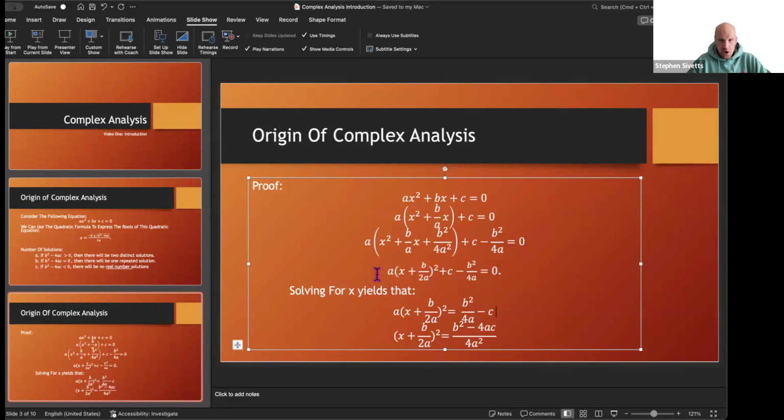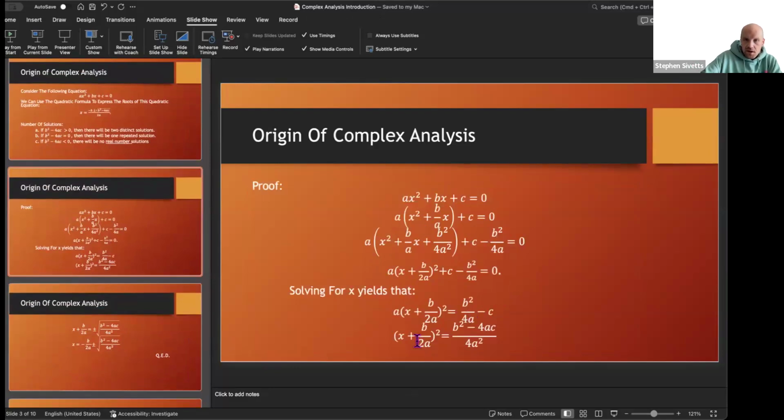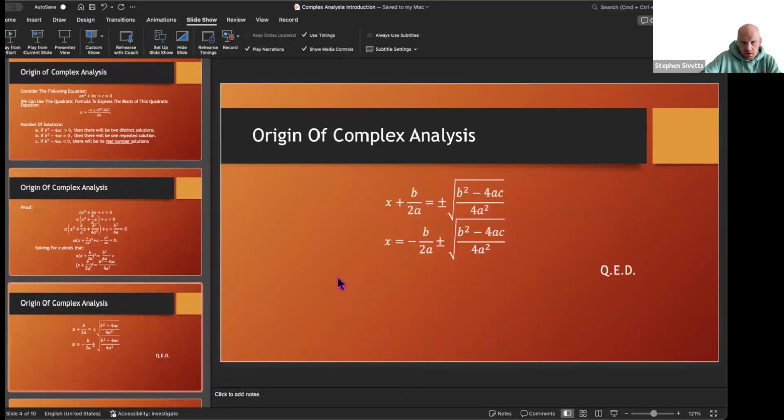And then from here, you're just solving for x. That would give us a times x plus b over 2a, squared, equals b squared over 4a minus c. If you do a bunch of algebra, you will eventually get to this quantity right here. If you square root both sides, x plus b over 2a is equal to plus or minus the square root of b squared minus 4ac over 4a squared.